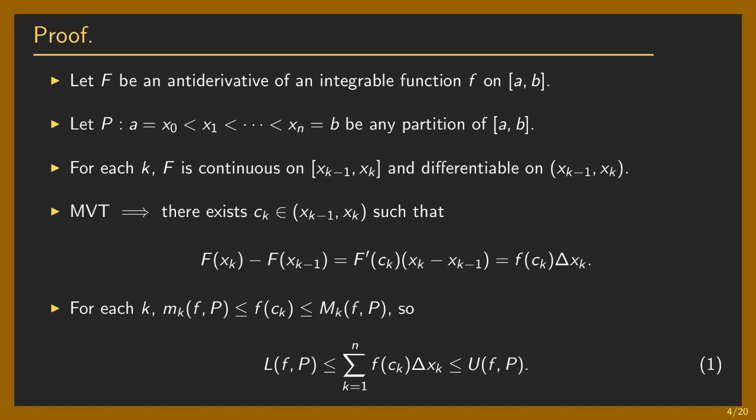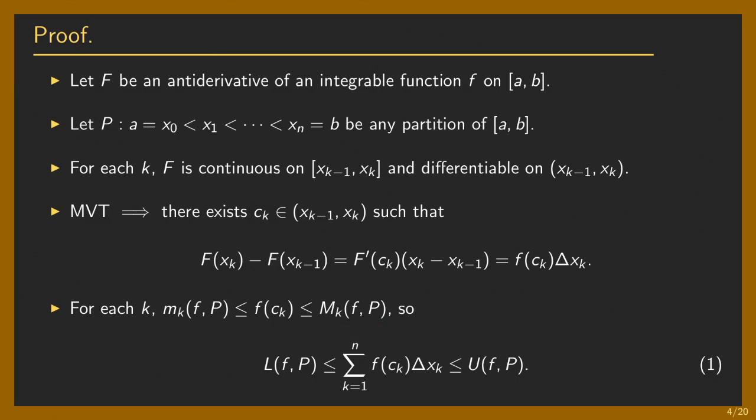Now, recall that for each k, little m sub k is the infimum of f on the kth subinterval. This is the supremum of f on the kth subinterval. Therefore, if c sub k is any point in that interval, the value of f at c sub k will be between the infimum and the supremum, right?